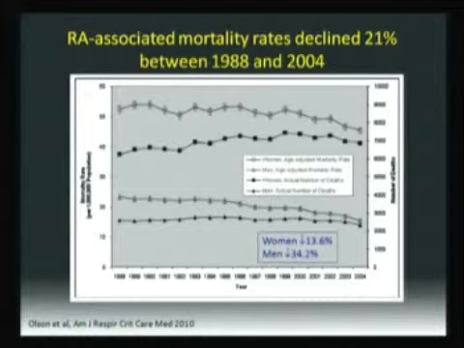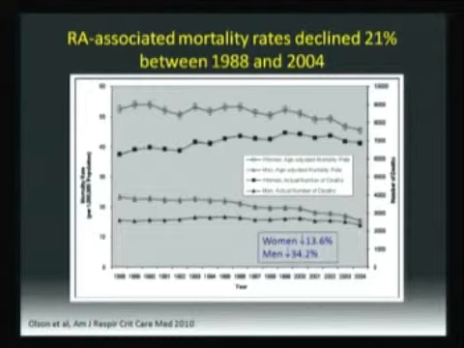So, have we been able to target the lung disease associated with connective tissue disease? The short answer is no. We've not been able to do that. If you look at rheumatoid arthritis-associated mortality rates between 1988 and 2004, the decline was 21%.